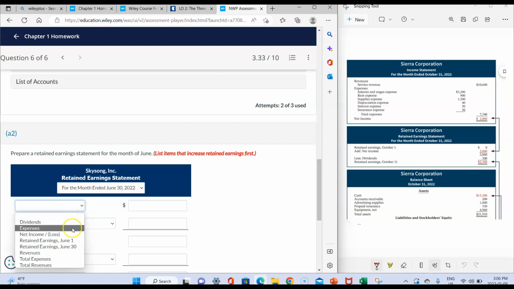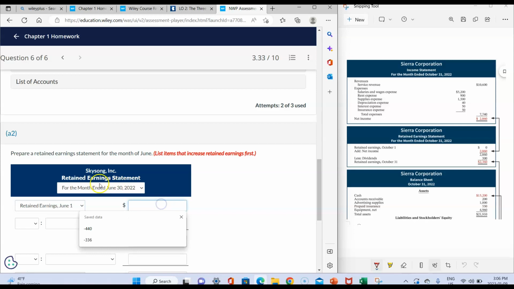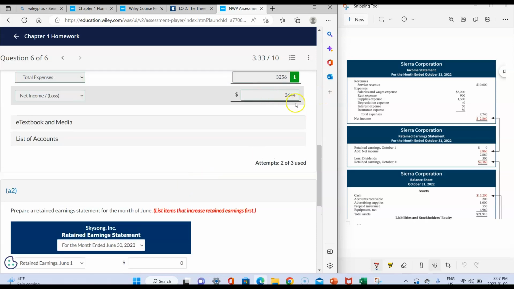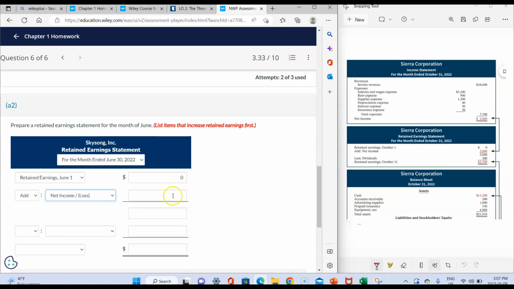So my beginning retained earnings, I'm beginning on June 1st at the start of the month, and we've got zero because this is a brand new company. I'm adding my net income, which I'm getting from up here, $36.44.